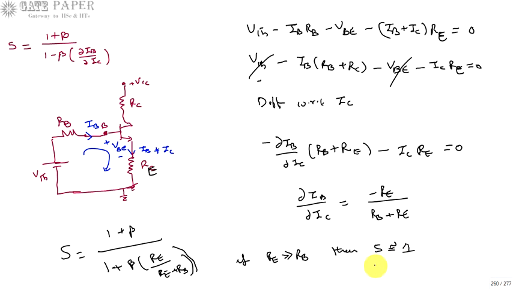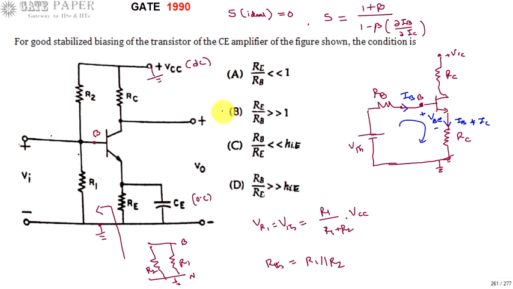The ideal value is 0, and what you get approximately is 1. This condition is only possible whenever RE is very large compared to RB, which you can write as RE by RB is very large compared to 1. This is the condition. So the answer is RE by RB should be very large. The answer is B. Thank you.